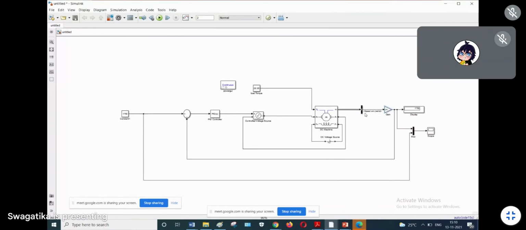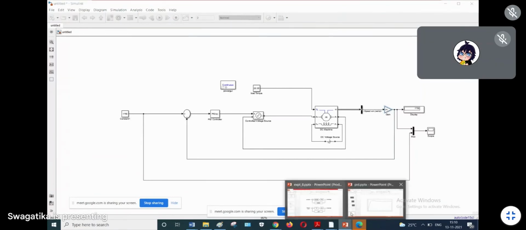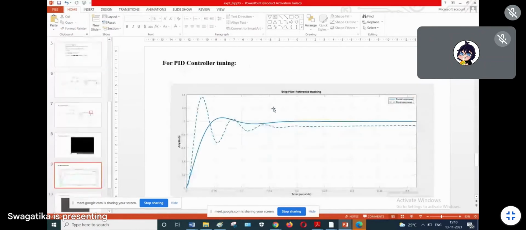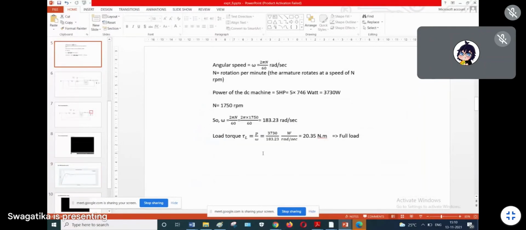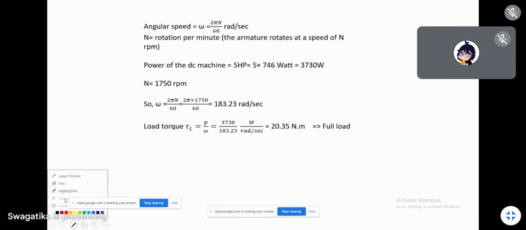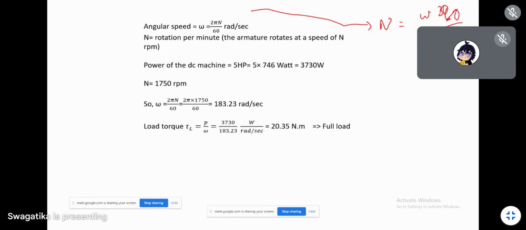Did you understand or not? Our formula is omega equals 2 pi n by 60. Now n equals omega into 60 divided by 2 pi. From this equation you can write n equals omega into 30 divided by pi.